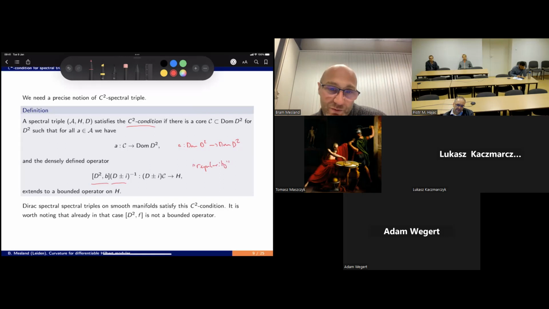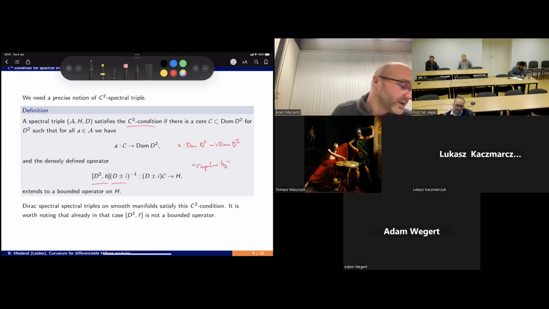In a regular spectral triple, this kind of operator will be bounded, but you have much more requirements there. So you require commutators of the algebra with the absolute value of d of arbitrary degree to be bounded there, and this is more than I need.